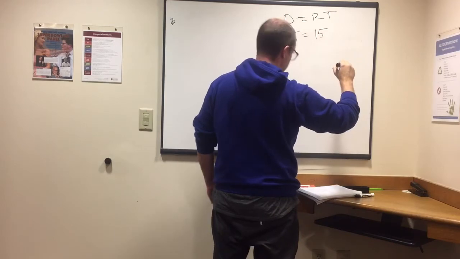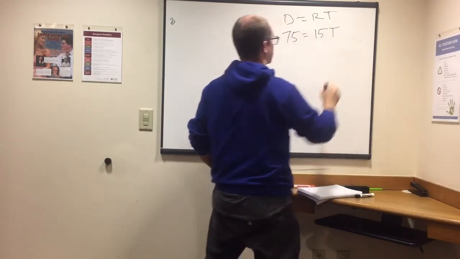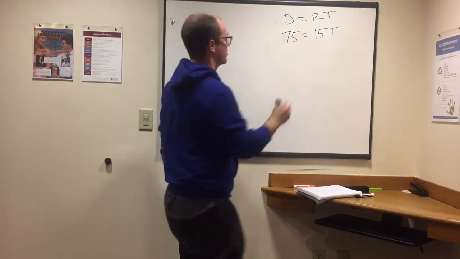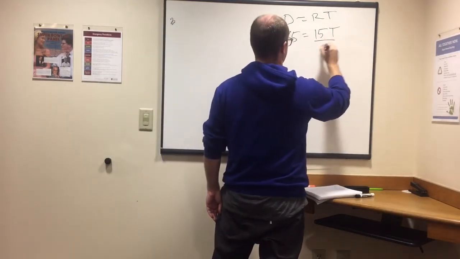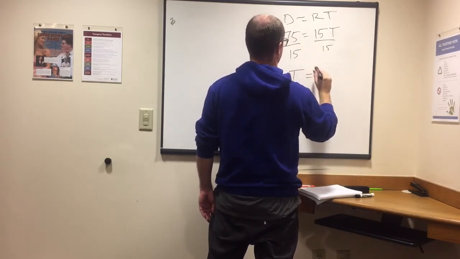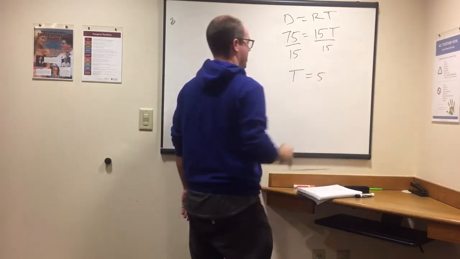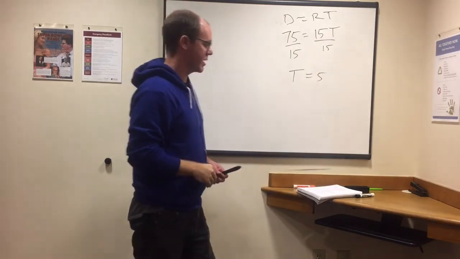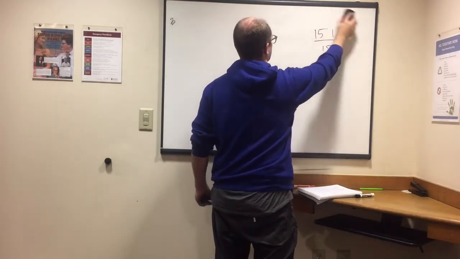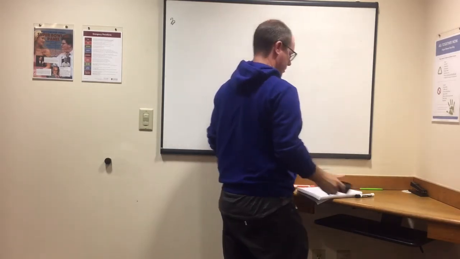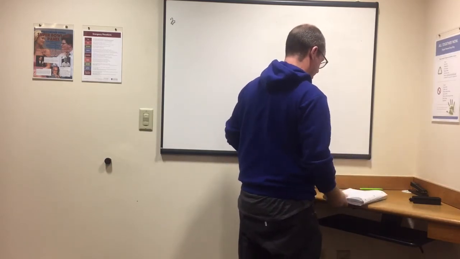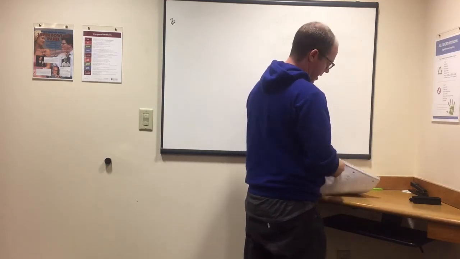So there it is, 15t: 75 miles, 15 miles per hour. Divide each side by 15. 75 divided by 15 is 5. So we got 5 hours for that one. Distance equals rate times time. Gotta know it.